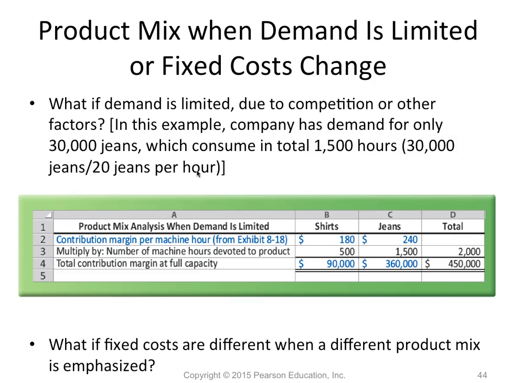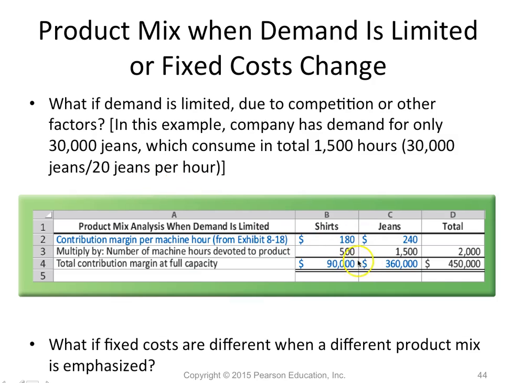In our example here, the company has demand for only 30,000 jeans, which consume in total 1,500 hours, so it's 30,000 jeans divided by 20 jeans per hour.